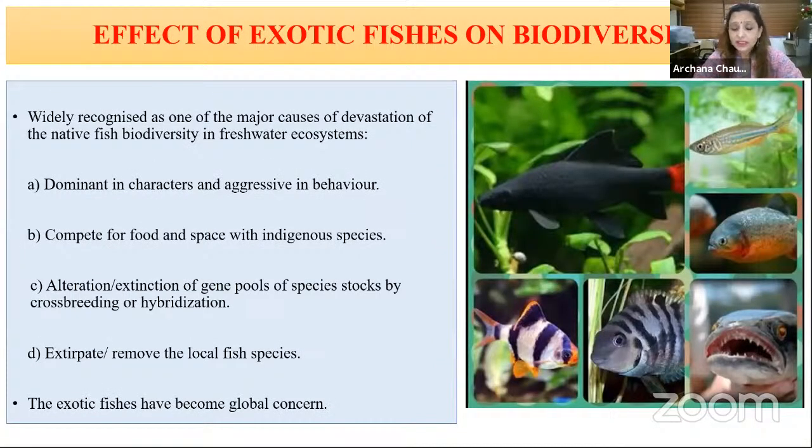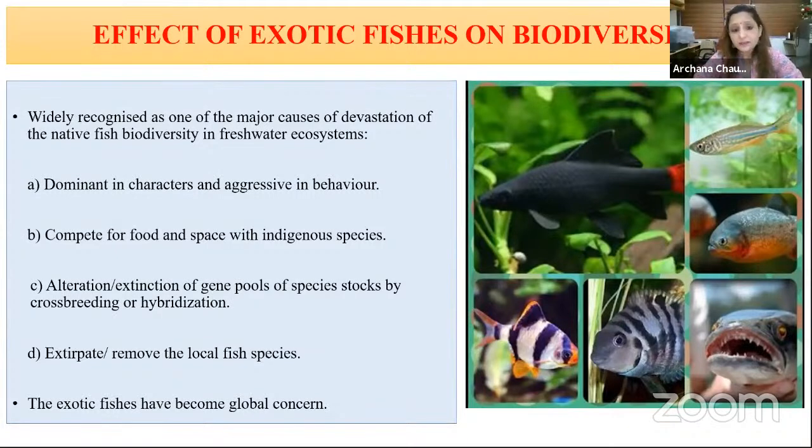However, this was the aim for introducing exotic fish species into the Indian ecosystem, but the problem is that it has been internationally recognized, and we have also seen in the Indian environment, that the introduction of exotic fish species has caused a lot of devastation of the native fish biodiversity, specifically in freshwater ecosystems.